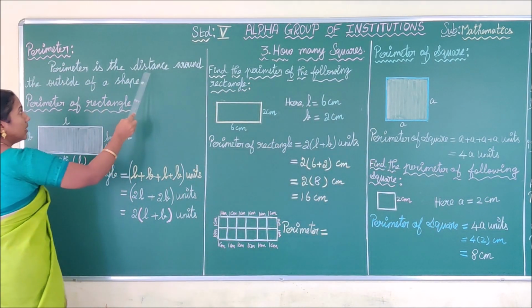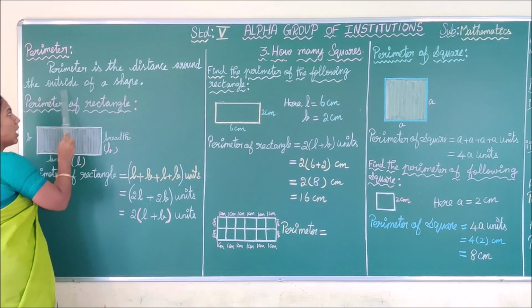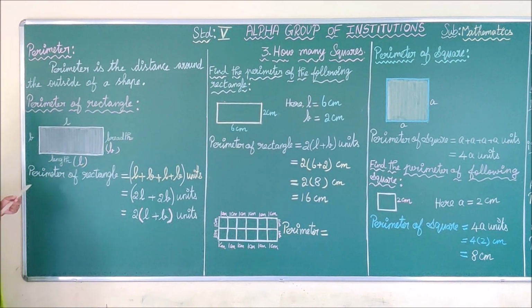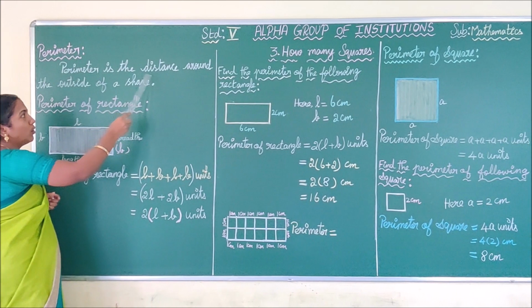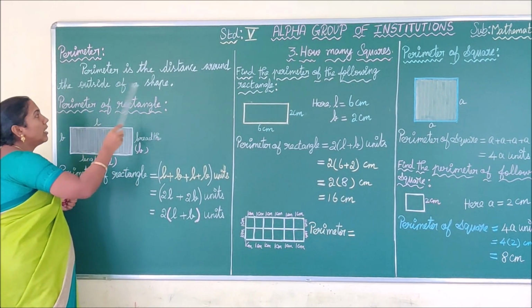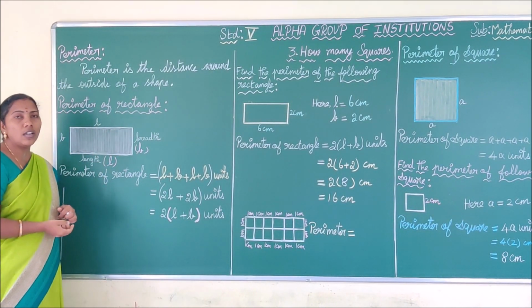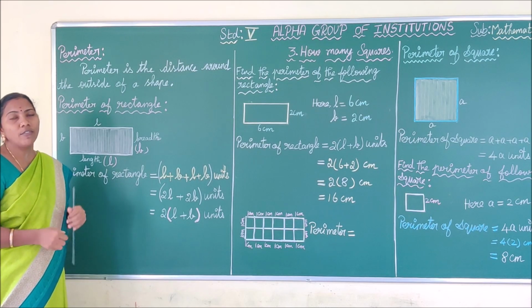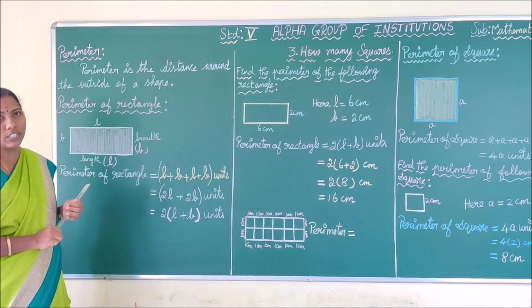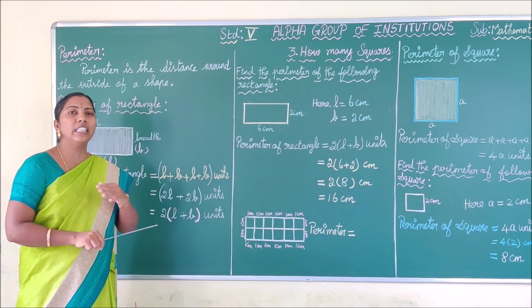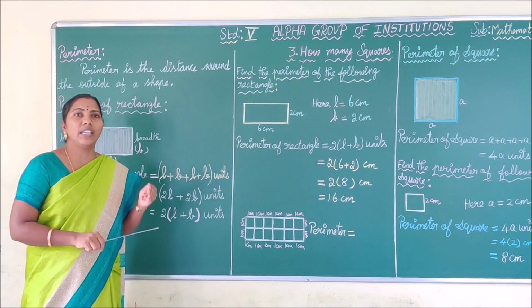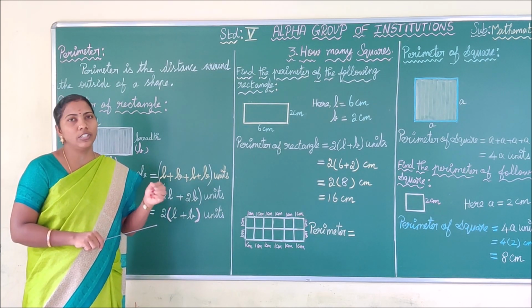Perimeter is the distance around the outside of a shape. That is, in the given shape you have to find the distance around the outside of the shape. It is called the perimeter. How can we find the perimeter of the given shape? By adding the length of all its sides, we get the perimeter of the given shape.